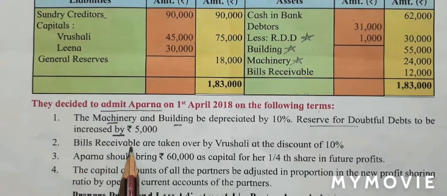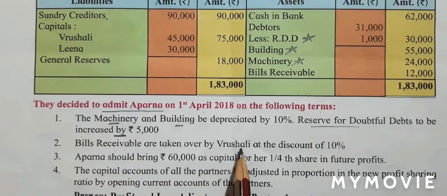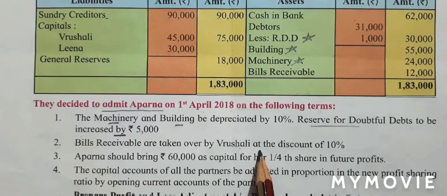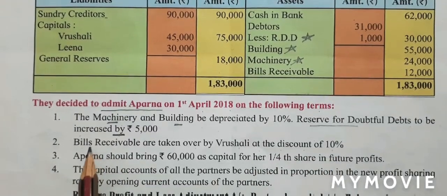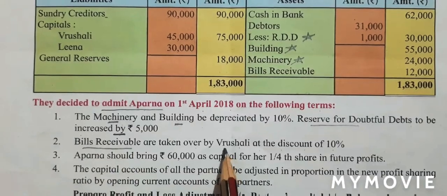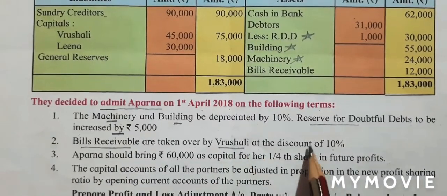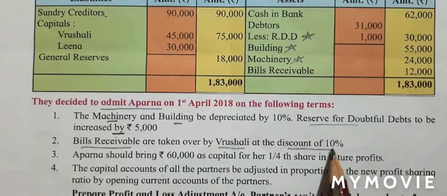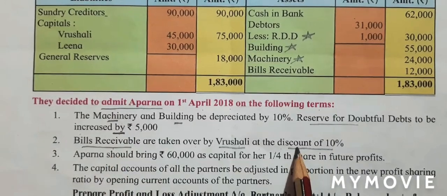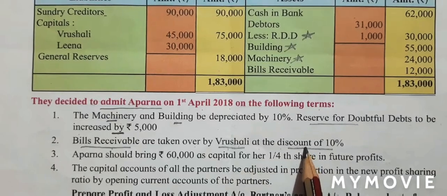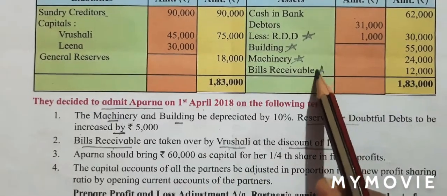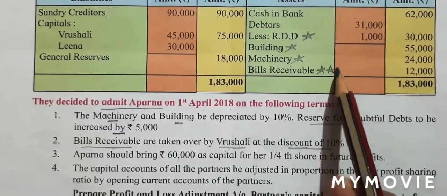Bills receivable are taken over by Vrushali at the discount of 10%. That means bills receivable is taken by a partner, but the partner is taking at a discount, which means there will be 2 stars for it. One is that the partner is taking and the second one is for discount. So we will mark 2 stars for bills receivable.